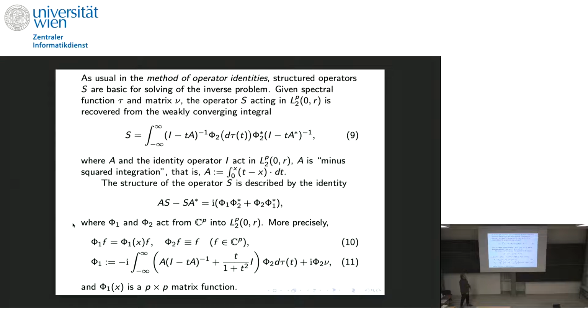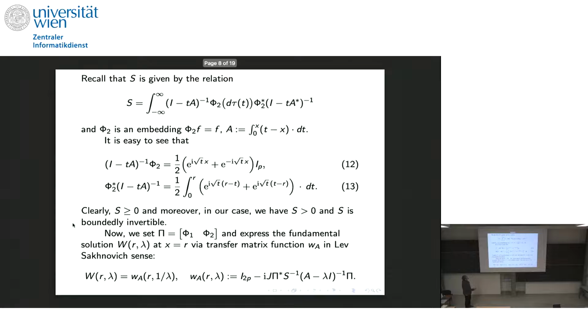So we have operator S, and we have operators phi sub 1 and phi sub 2. The formula for operator S may be written down in a simpler way, because phi sub 2 is an embedding.